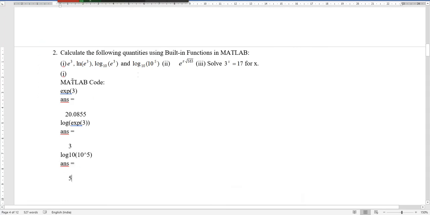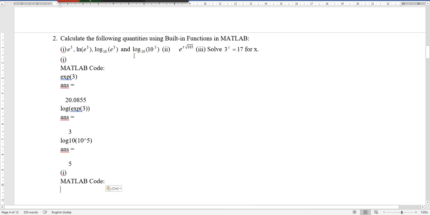Okay, this is about the first question. Now coming to the second question. What is the second question? e power pi into square root of 163.